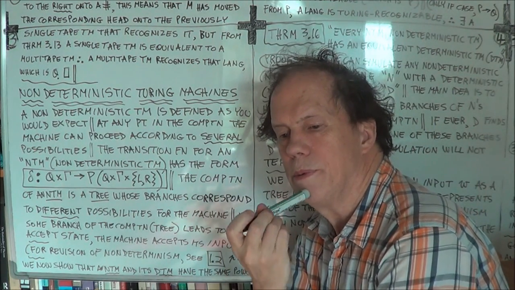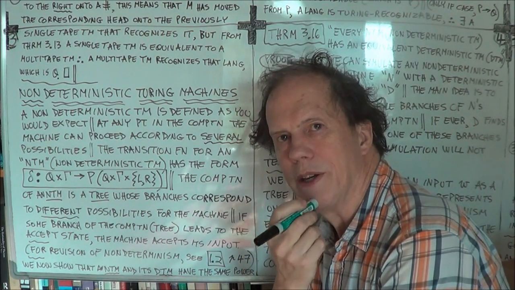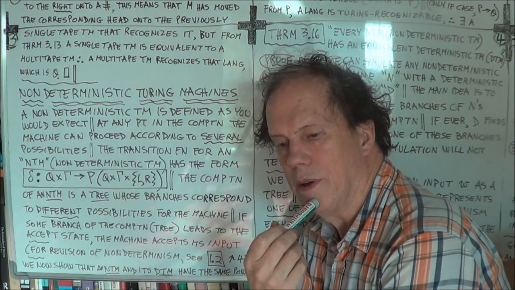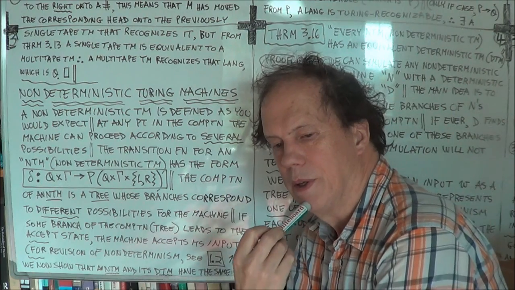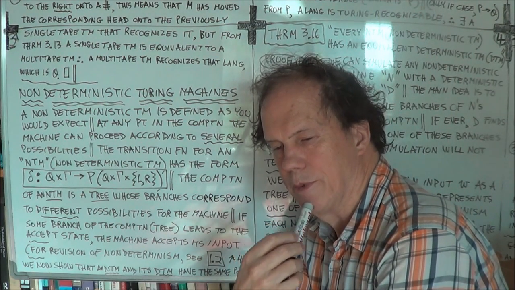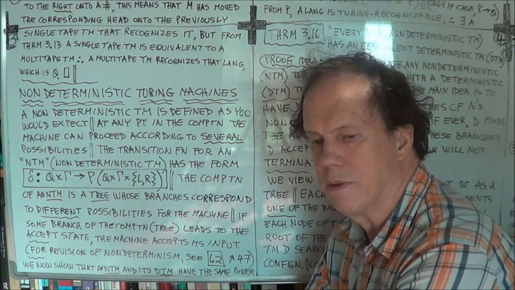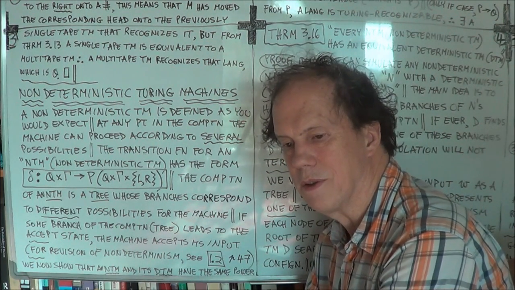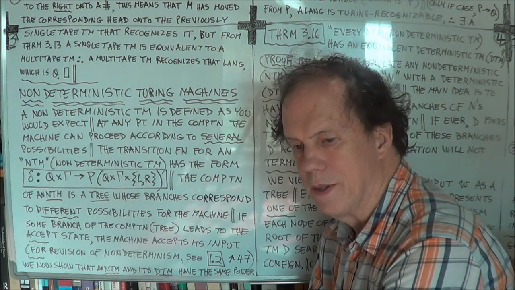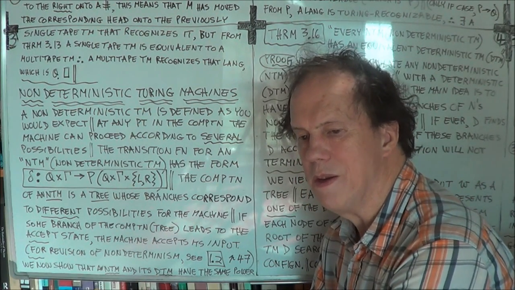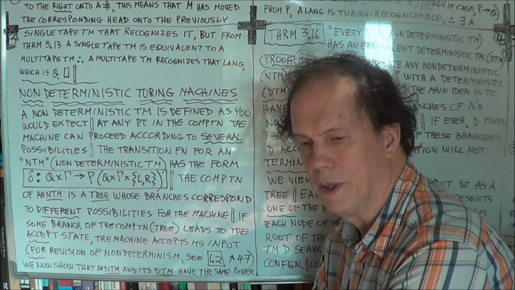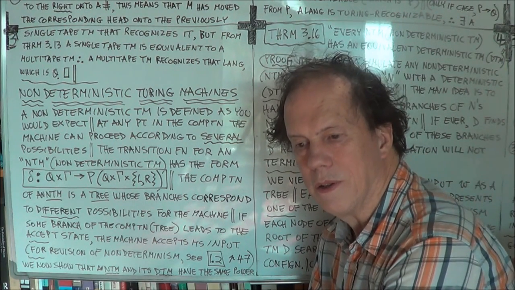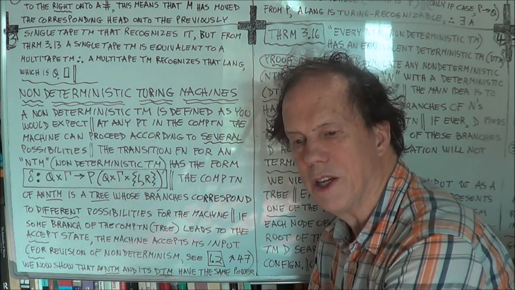Go back to when we were talking about finite automata, FAs. And a finite automaton, pretty simple. The transition function, all it delivered was the next state. That was it, right? So your transition function is pretty simple. As input, your ordered pair to the transition function would be, as usual, the current state and the symbol that you're reading.